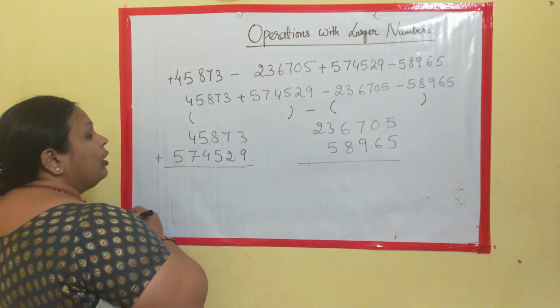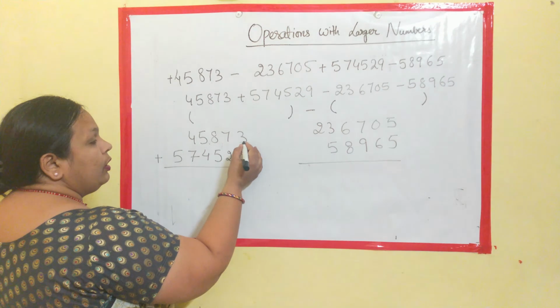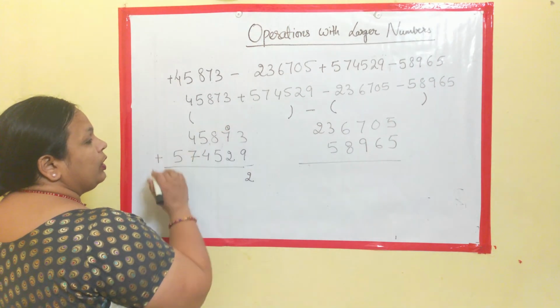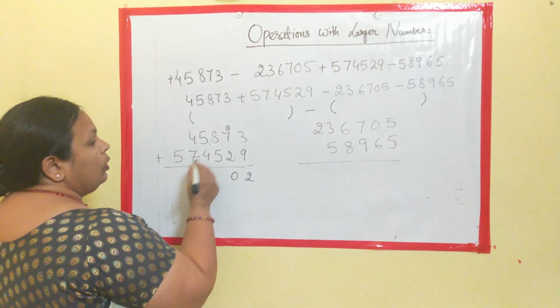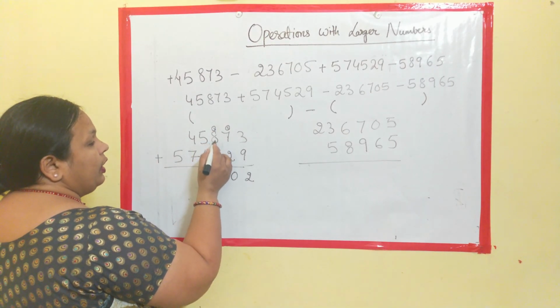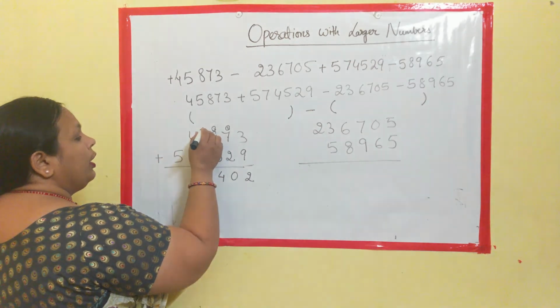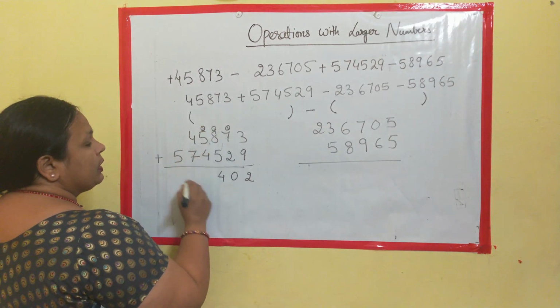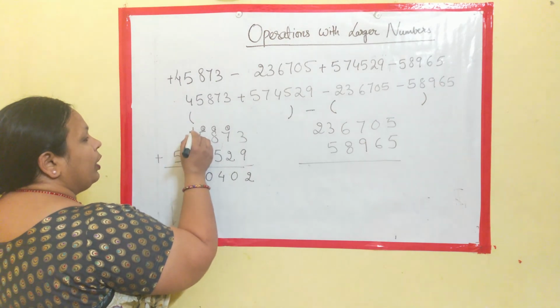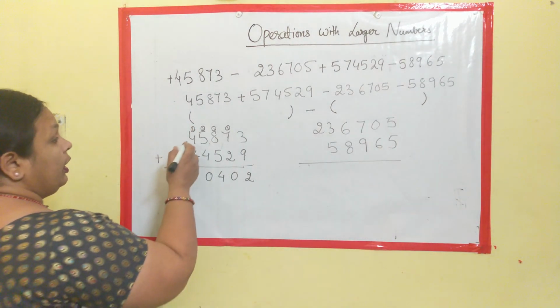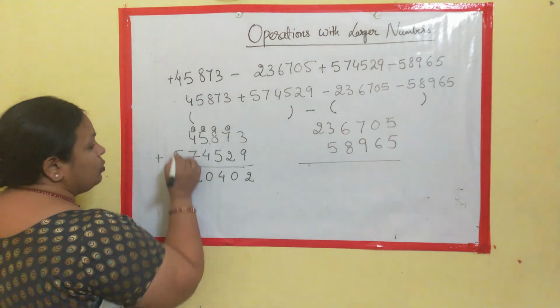Clear? Now here, 9 plus 3 is 12, 2, 1 in hand. 7 plus 1 is 8, 9, 10, 0. 1 in hand, 8 plus 1 is 9, 9 plus 5 is 14, 4. 1 in hand, 5 plus 1 is 6, 6 plus 4 is 10, 0. 1 in hand, 7 plus 1 is 8, 9, 8 plus 4 is 12, 2, 1 in hand.